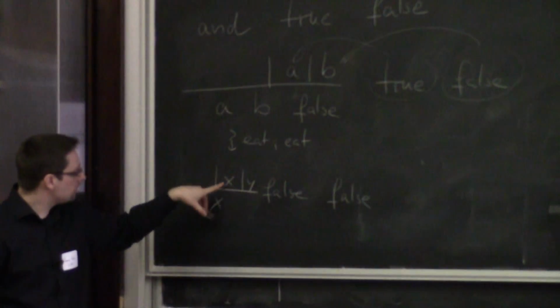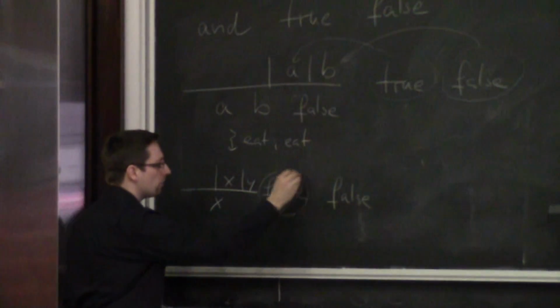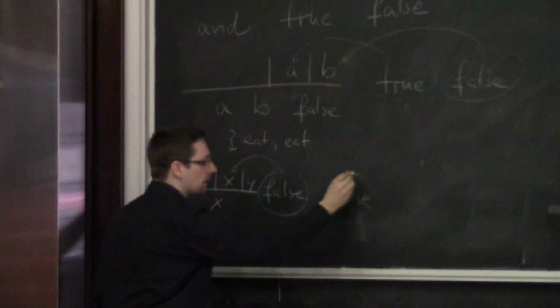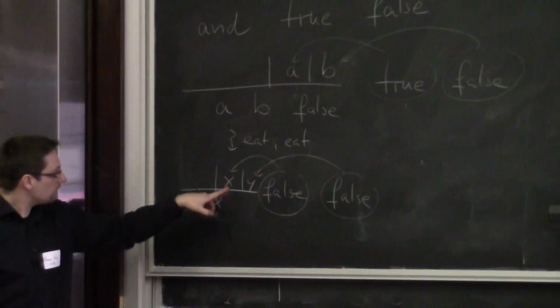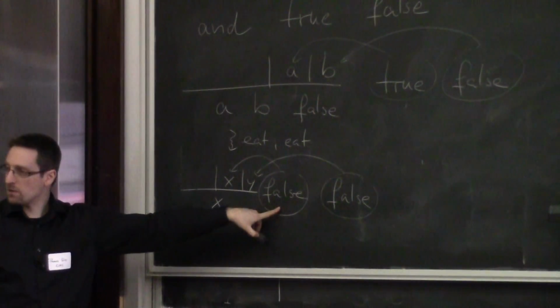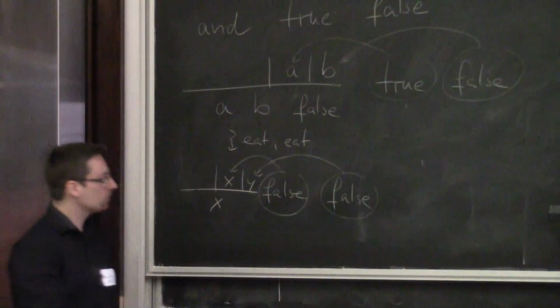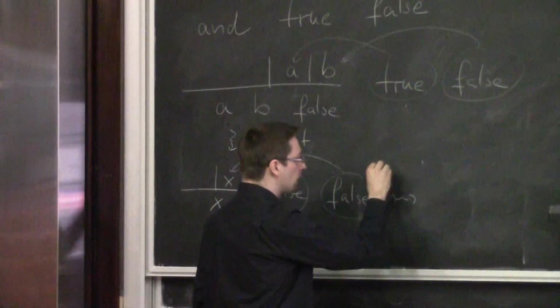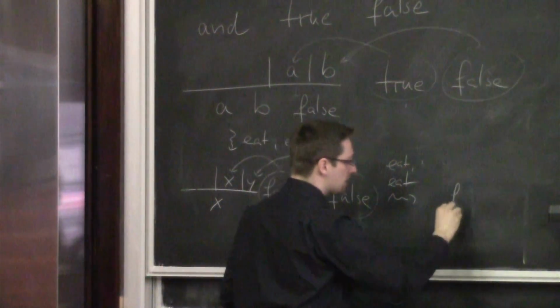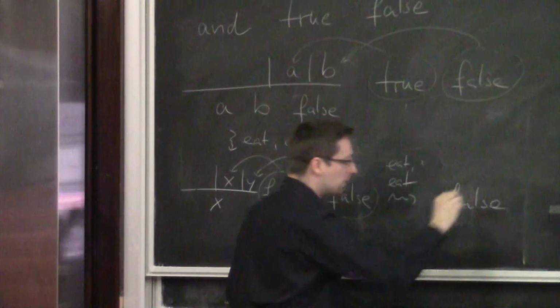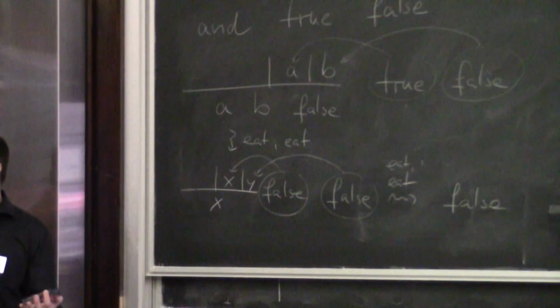And now this guy here, we can let it eat false, and we can let it eat false here for the Y. And the X here is just replaced by false, and that's what we end up with. Right, so this is again two times eating, and we just end up with false. And that's exactly what we want.